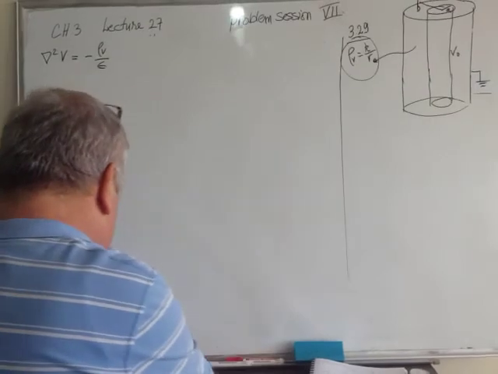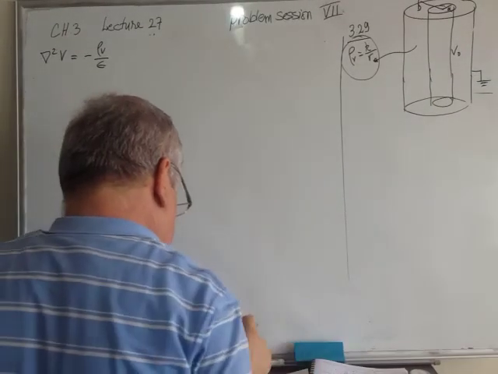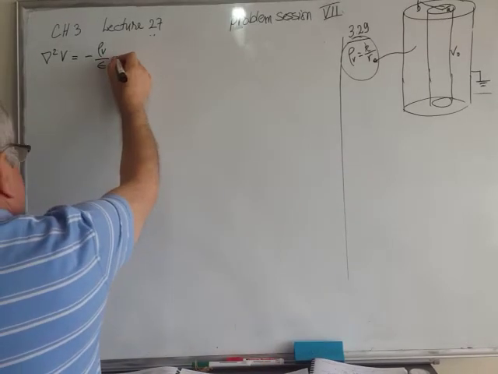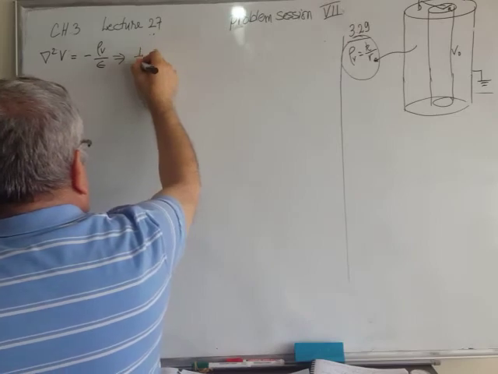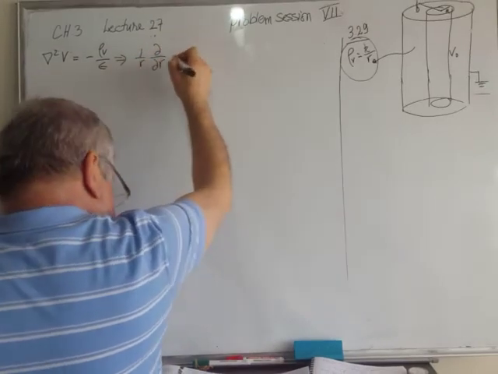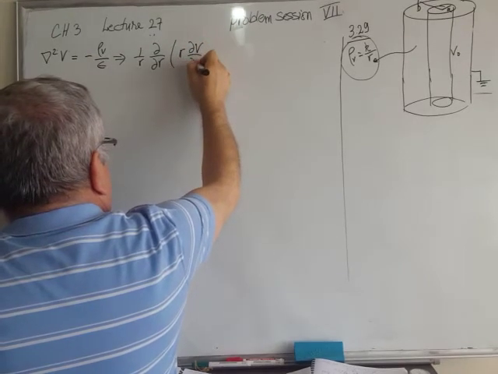Let me rewrite for you the Laplacian in cylindrical coordinates. The first term is 1 over r partial with respect to r of r del v by del r.